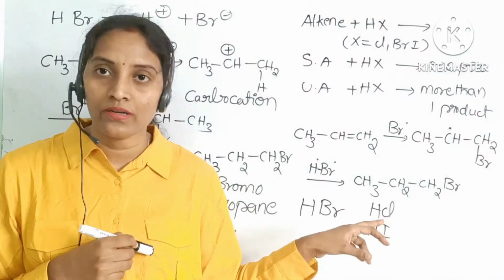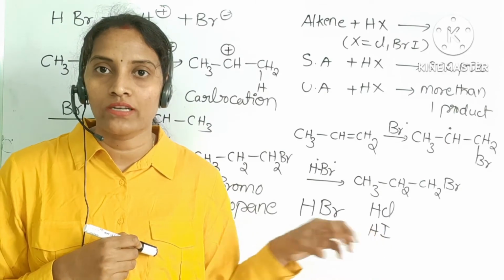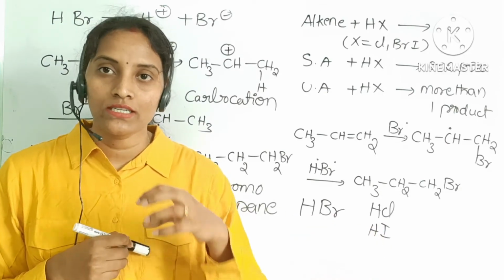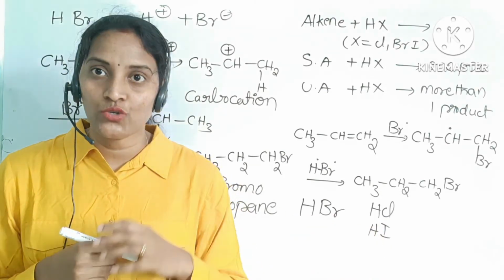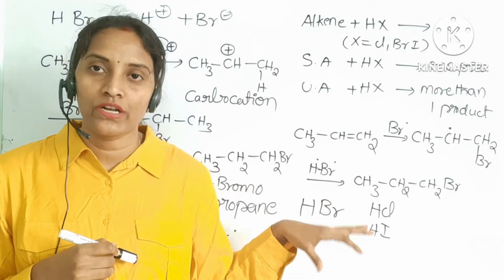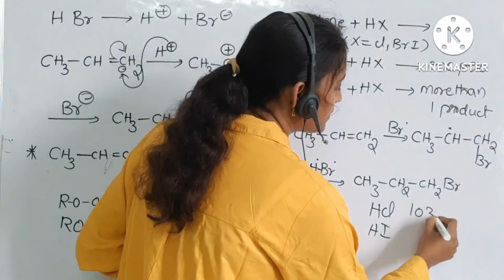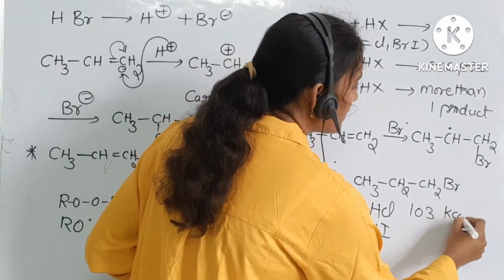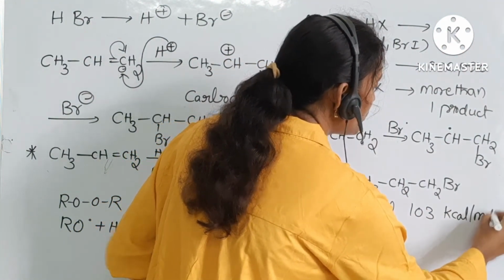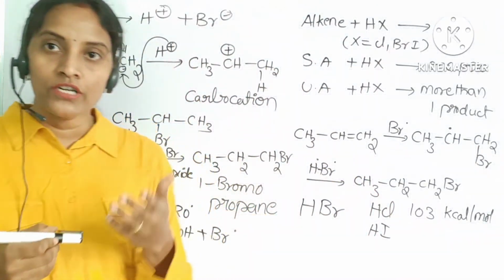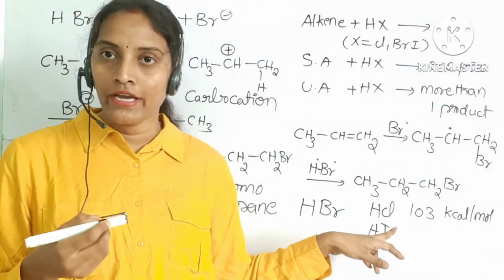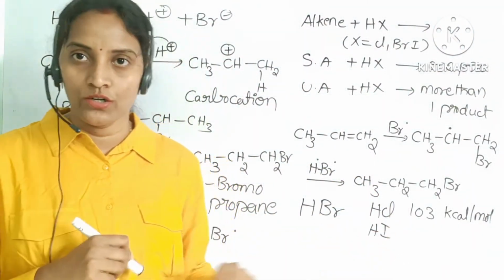The bond between hydrogen and chlorine is stronger, so it needs more energy to break the bond between hydrogen and chlorine. Approximately 103 kilocalories per mole of energy is needed to break the bond between hydrogen and chlorine.